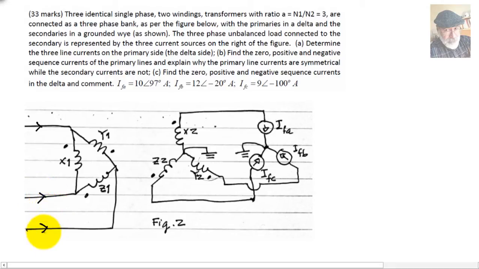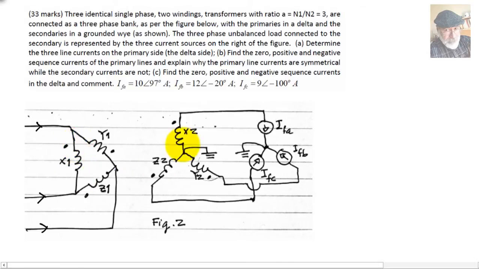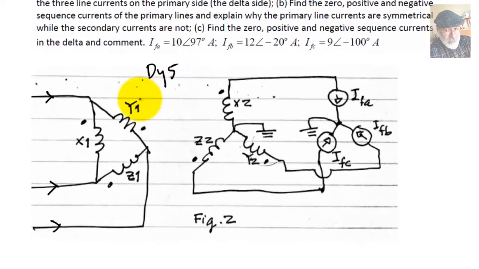Alright. If we're going to use the sequence networks method, the first thing we need to do is to identify the type of 3-phase connection we have, and that is a delta Y5. Is a DY5 connection. Let me write it down here. This is a DY5. And secondly, we need to identify which ones are our phases on the primary and the secondary.